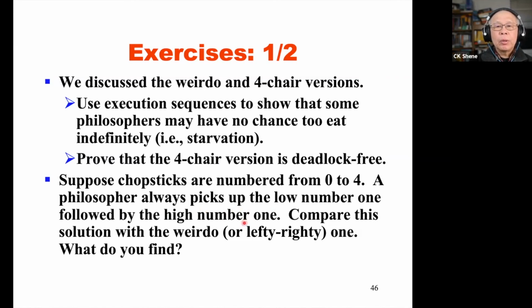In other words, if the value of i is smaller than i plus 1, then philosopher i uses i followed by i plus 1. If i plus 1 is smaller than i, remember this, there is a wrap around. So if philosopher i finds out i plus 1 is smaller than i, philosopher i picks up i plus 1 first. Compare this solution with the lefty-righty one. What do you find?